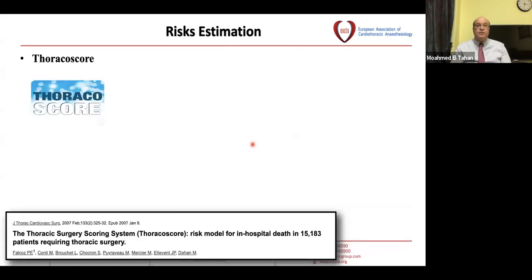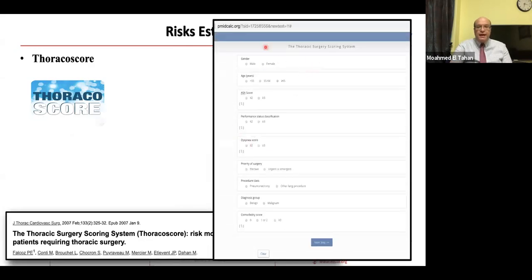Another score, used not for open thoracotomy but for thoracoscopic surgery, is the Thoracoscore. As you can see, it has different items, including gender, age, American Society of Anesthesiologists physical class, performance status classification, dyspnea score, priority of surgery, either urgent or elective, the procedure class according to extent of surgery, either pneumonectomy or less, the diagnosis group, either benign or malignant disease, and a comorbidity score as well.